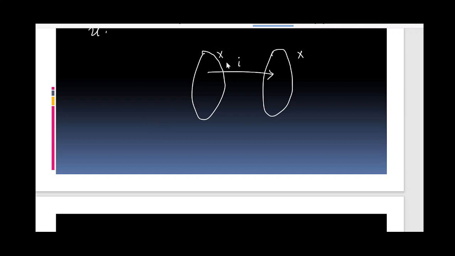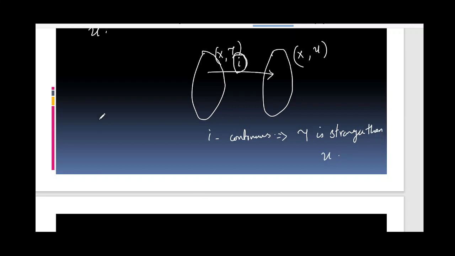Now suppose here I have got a topology T and here I have got a topology U. Then in order to make this I continuous, the condition is here the topology that I define should be stronger than the topology here. That is implies this T is stronger than U, right? That's the meaning.